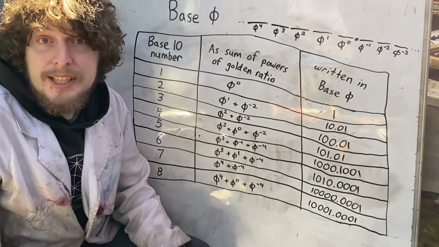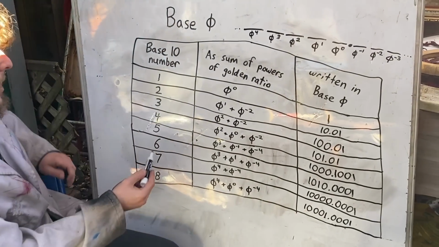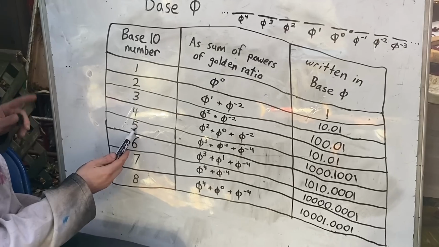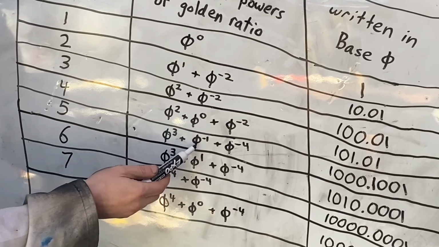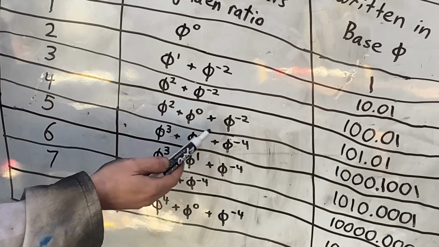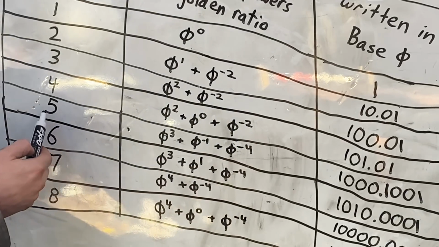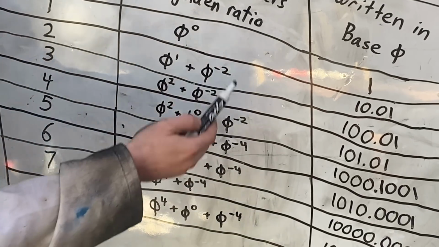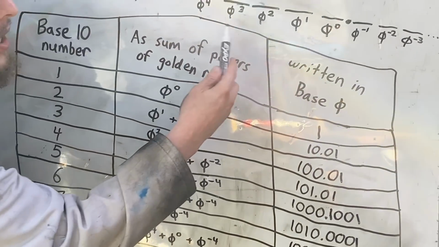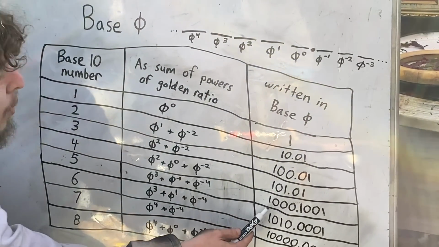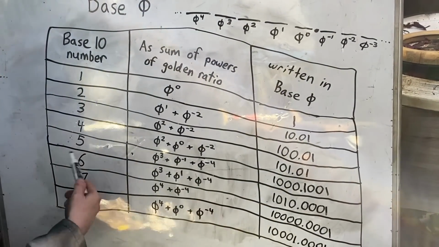And by adding up distinct powers of the golden ratio, you can create any integer. Like, it turns out the number 5 is exactly equal to the golden ratio cubed plus the golden ratio to the negative first power plus the golden ratio to the negative fourth power, which means if we want to write 5 in the golden ratio's base, we put 1s on those spots and 0s on the other spots, giving us 1000.1001 as the way they write 5.